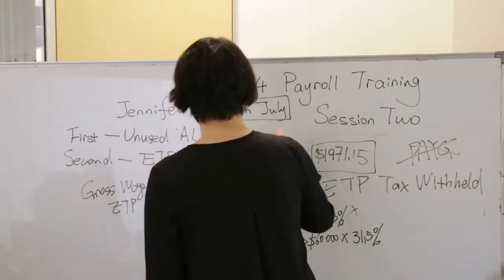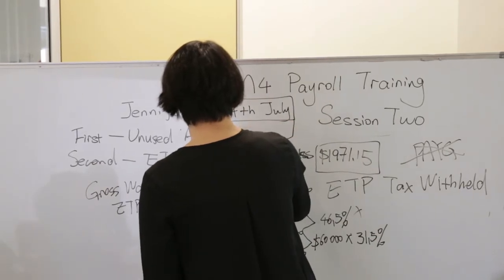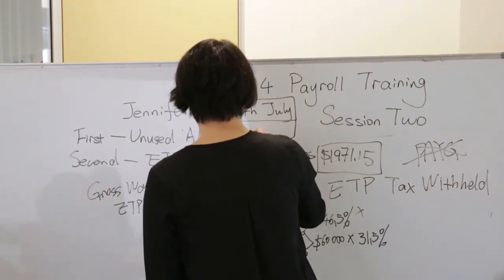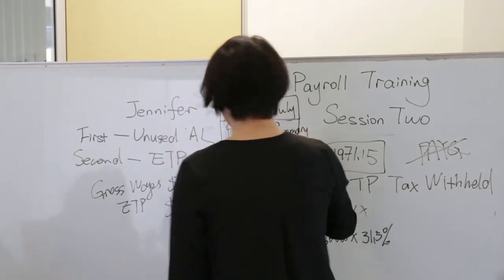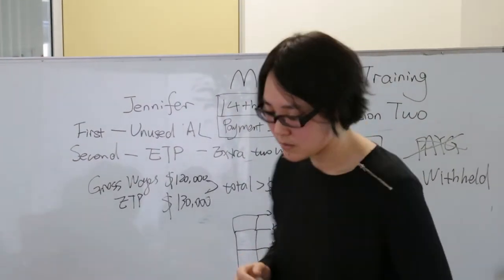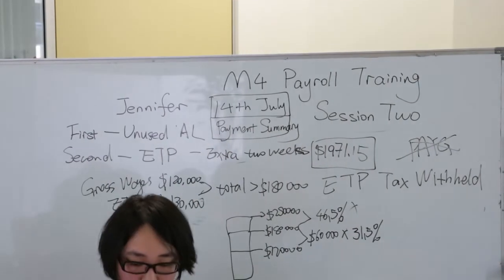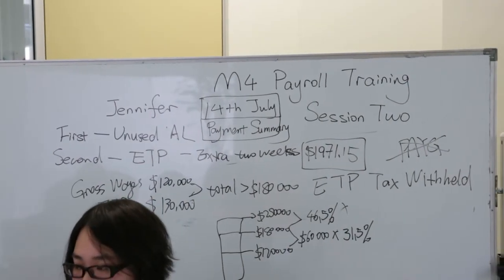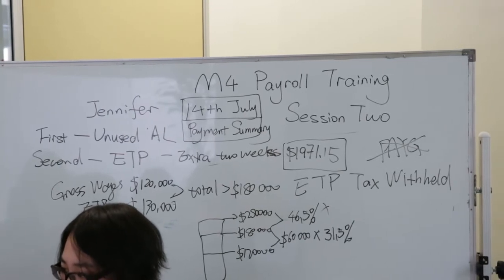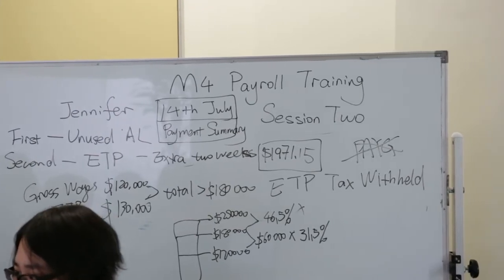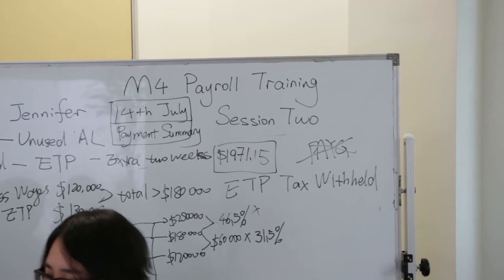Every company's payment summaries. And also I think the 14th of July matters because if you didn't close the last financial year, you can't do the new financial year's payroll. The MLB doesn't allow you to do both years.